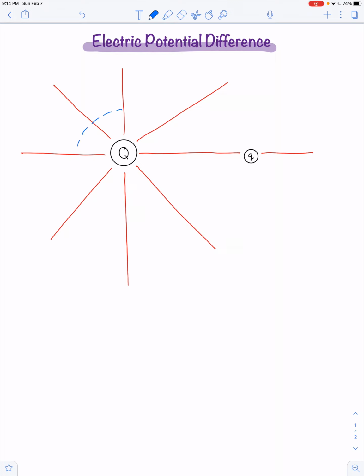So there are several lines of equipotential that are concentric circles around charge capital Q. So this charge lowercase q is sitting at some value of electric potential.